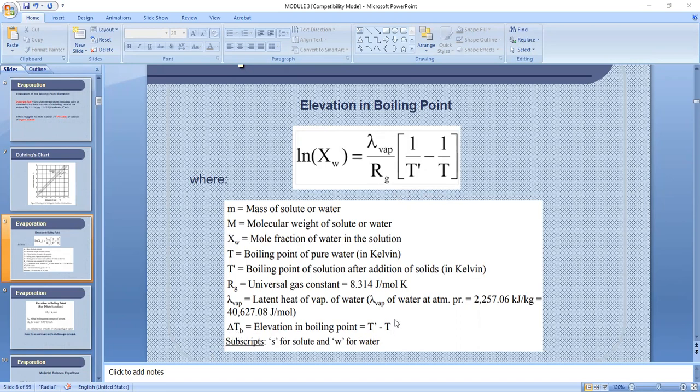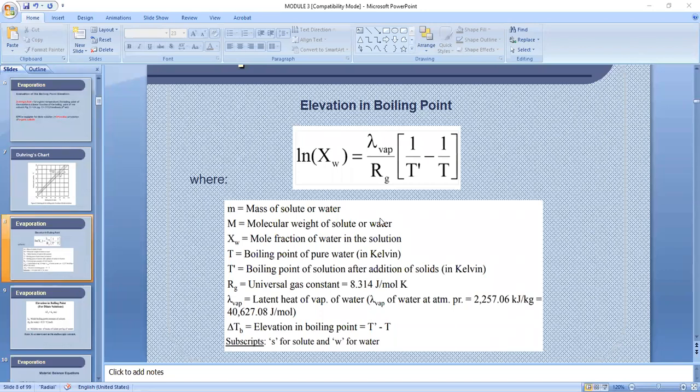Now, this is another way of determining the boiling point if you don't have the available Duhring chart for your system, because let's say you have a NaOH-water system and a NaCl-water system, all of which have different Duhring charts, so they don't have the same Duhring chart.